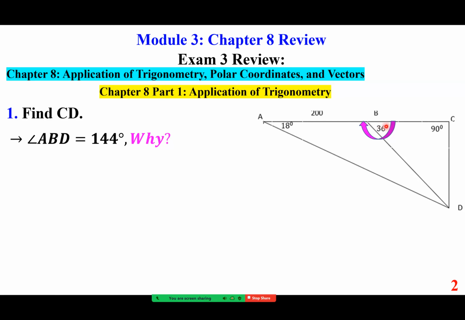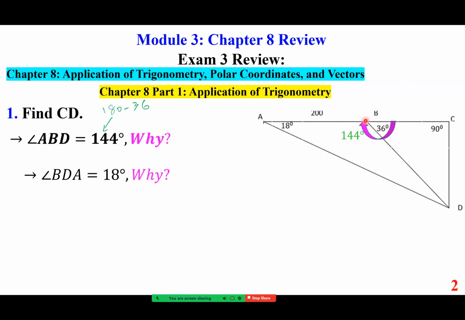So if it's 36, this must be 180 minus 36. So this is 144 degrees.